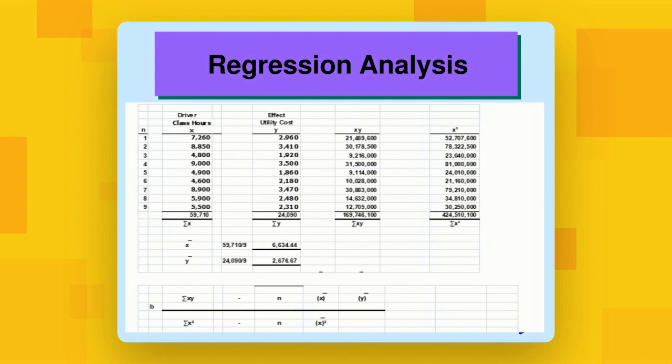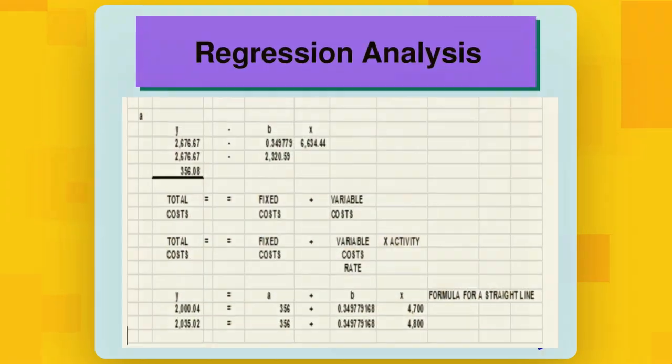Again, ano yung formula natin, class? In computing for your variable cost, summation of XY minus N multiplied by X average, and multiplied also by the Y average, divided by summation of X squared minus N multiplied by X average squared. Okay. So, ito na yung class, da?